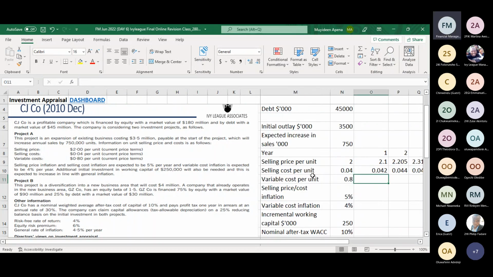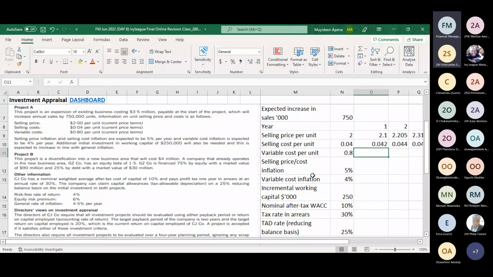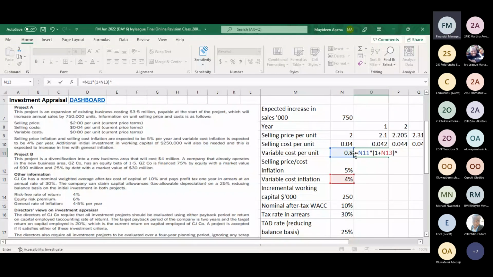For variable cost, which is affected by 4%, the first year is 80 cents multiplied by 1 plus 4% raised to power 1. Year 2, 80 cents times 1 plus 4% raised to power 2.